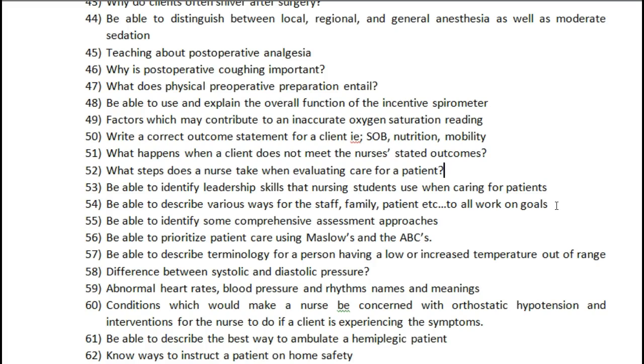You're going to be able to set priorities, time manage, communicate, and tell people what to do, to delegate. So those are the type of things we talk about in terms of leadership skills.